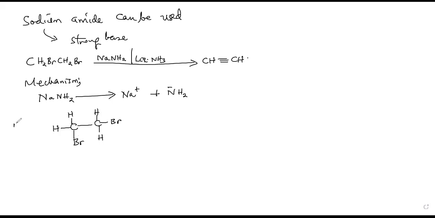So we shall have H2N. So the hydrogen will come, rather the bond will come here as a triple bond is formed and as a bromide is lost. That is the first step.